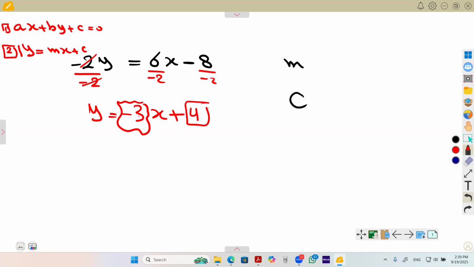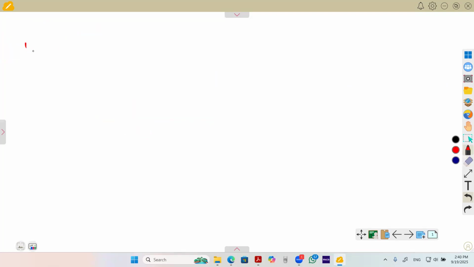If I give you this equation and I want to draw the straight line which represents this equation, I want to graph it. Now we have y equals negative 3x plus 4. How can we graph this equation?